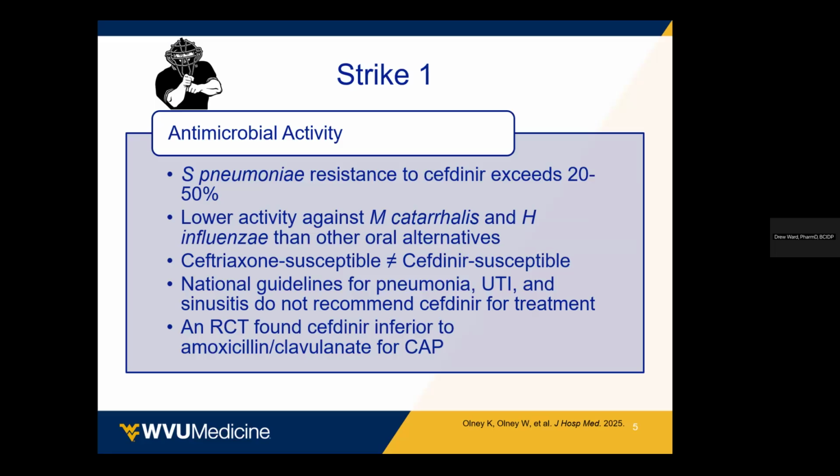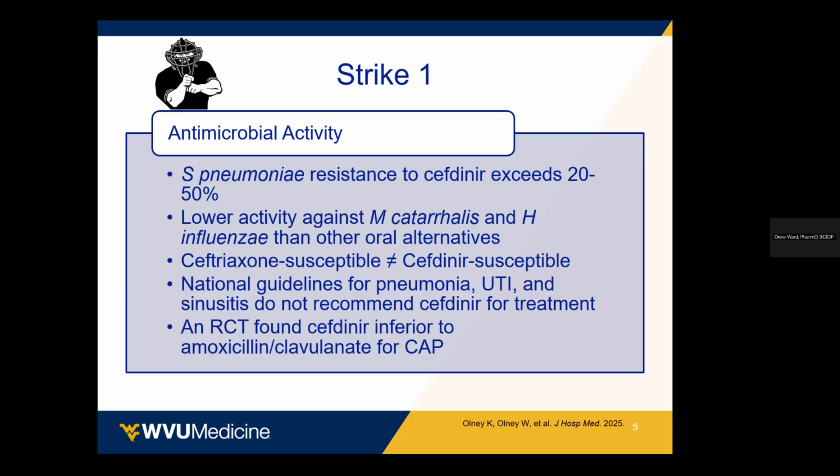And given one of its labeled indications is upper respiratory infection, like community-acquired pneumonia or pharyngitis, this is quite concerning, as Strep pneumoniae is an organism often encountered or implicated in these infections. Additionally, for other respiratory organisms like Moraxella catarrhalis and Haemophilus influenzae, Cefdinir is less active than a number of other oral alternatives as well.